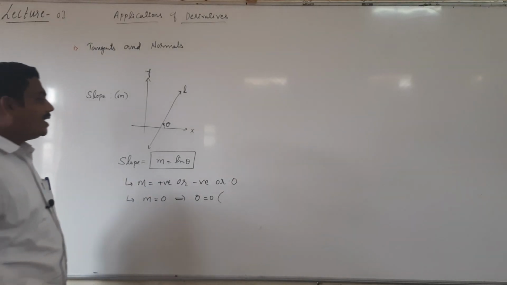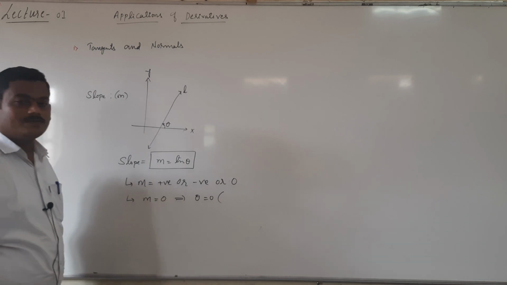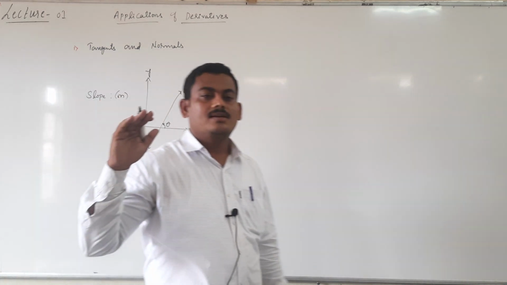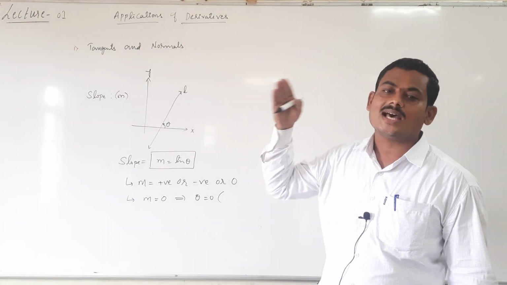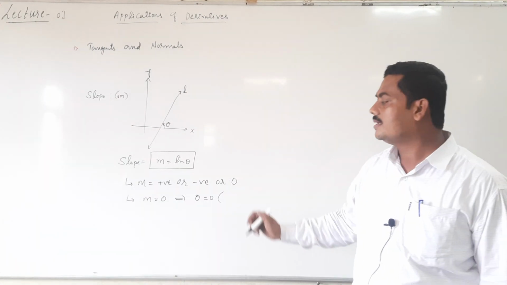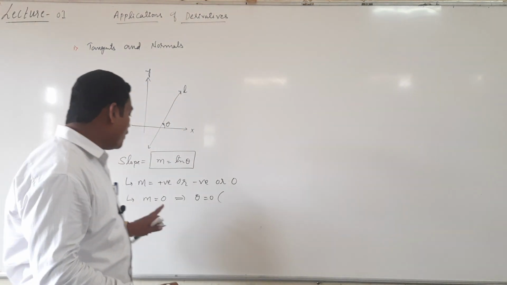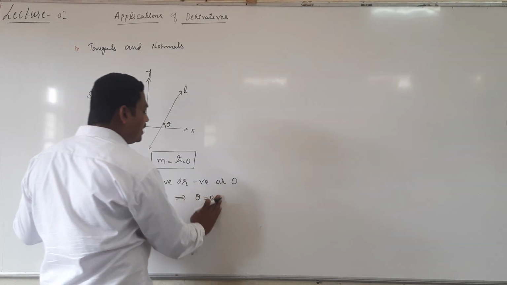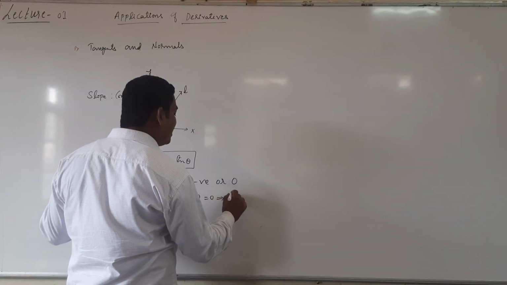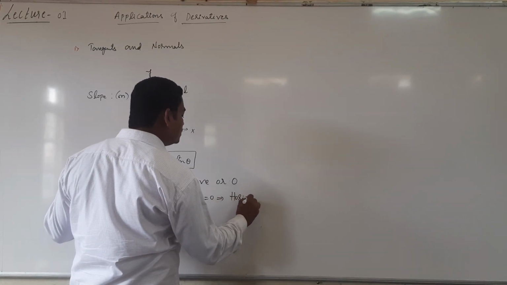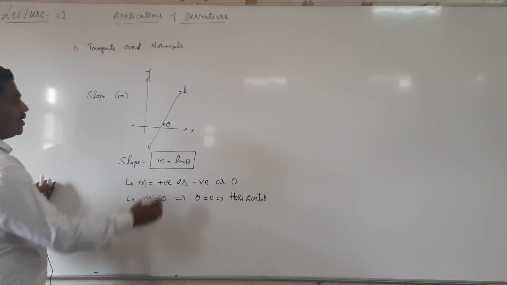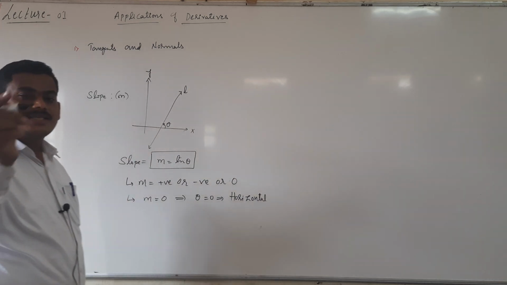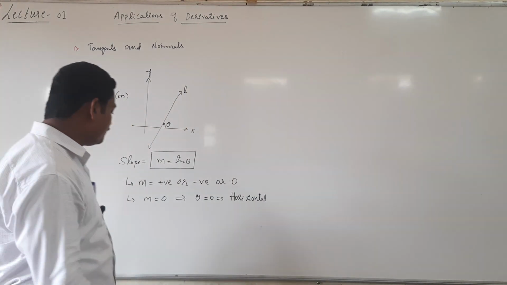Theta 0 means inclination 0. Inclination 0 means horizontal line. Any line parallel to x axis or x axis itself is known as horizontal line. It means slope 0 means inclination 0. Horizontal line slope 0.